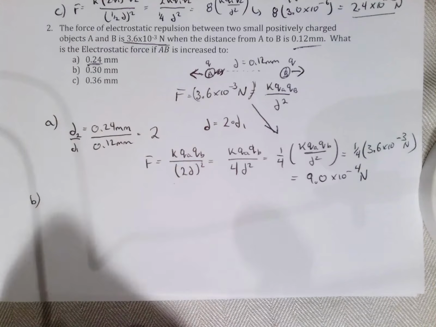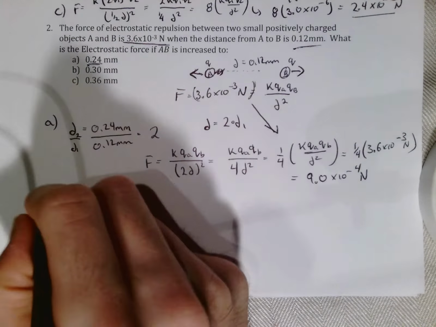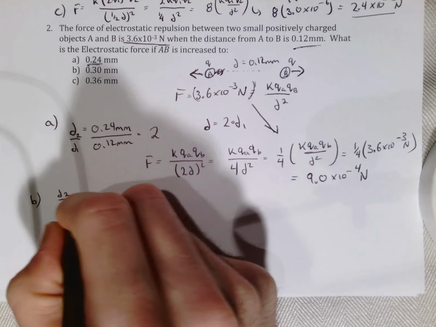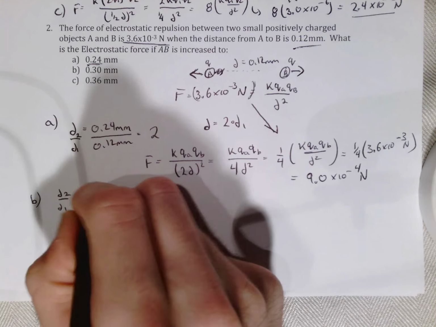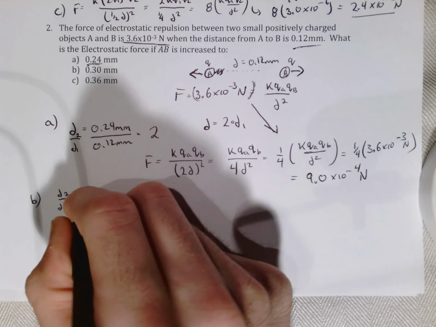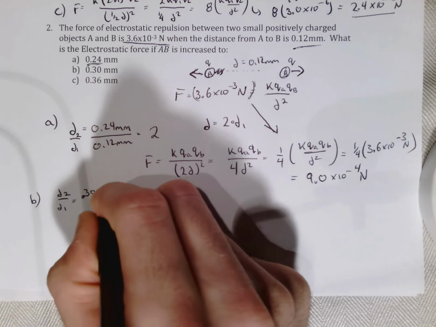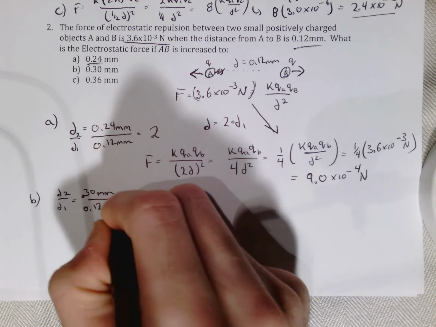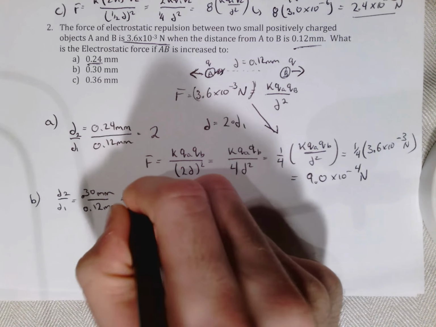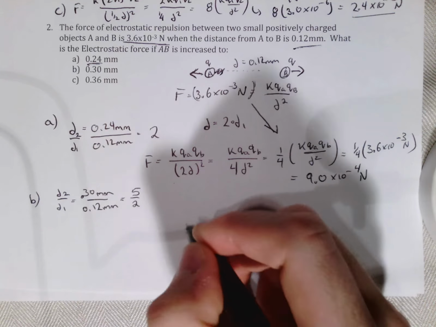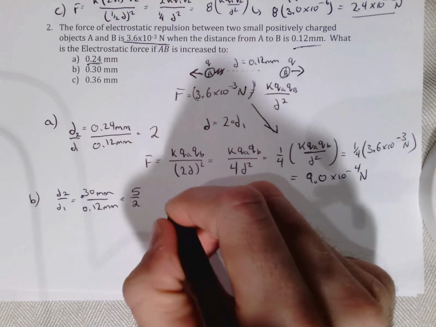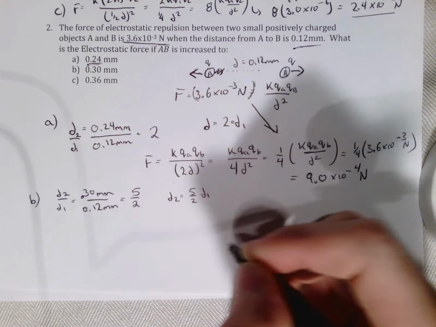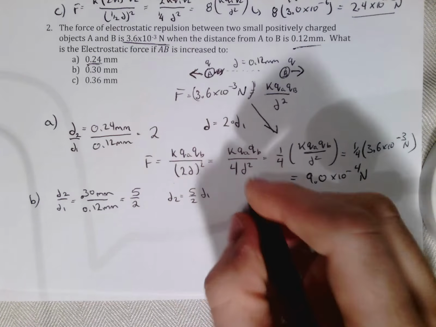For part B, same thing, but now our new distance over our original is going to be 0.3 millimeters over 0.12 millimeters, and that gives us a ratio of 5 over 2. So this means that my new d2 is equal to 5 over 2 d1. I'd run through the exact same steps.